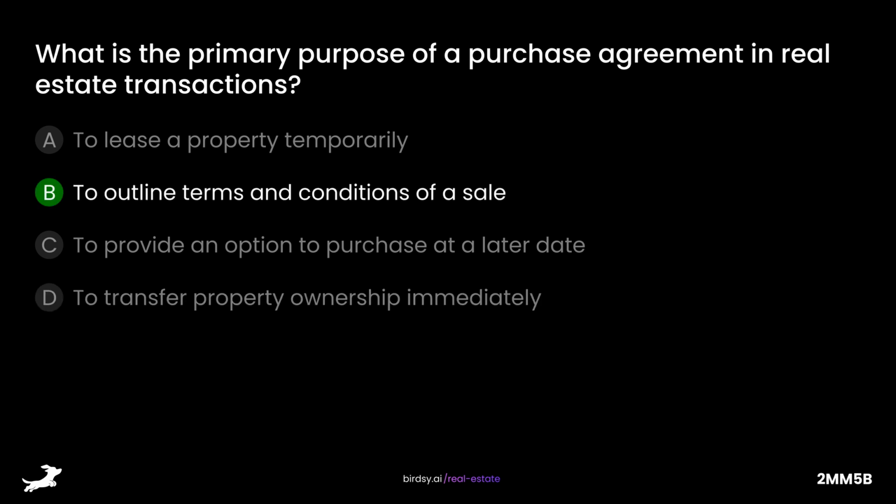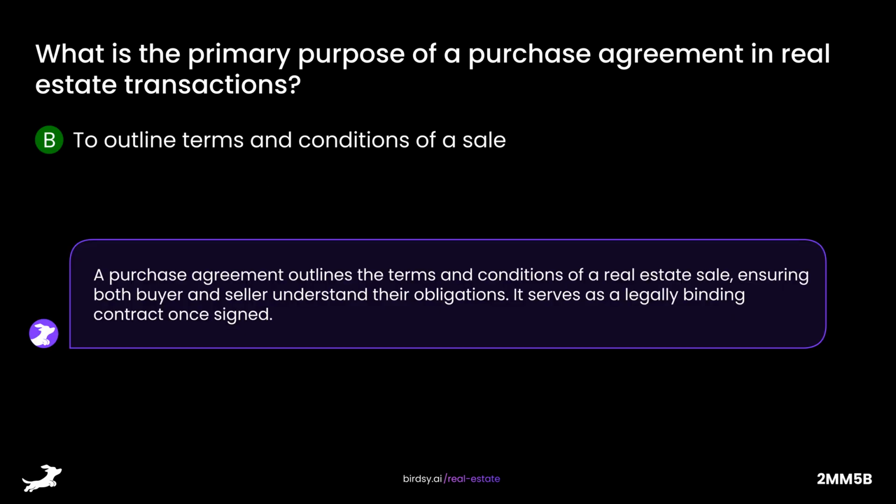The answer is B, to outline terms and conditions of a sale. A purchase agreement outlines the terms and conditions of a real estate sale, ensuring both buyer and seller understand their obligations. It serves as a legally binding contract once signed.